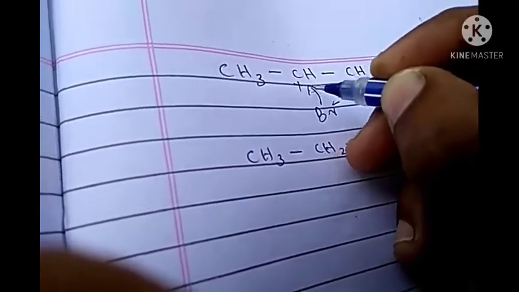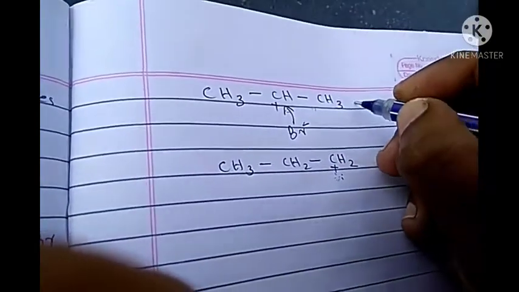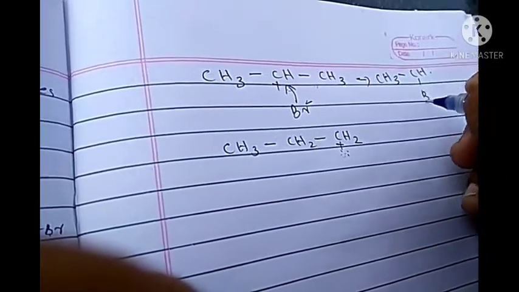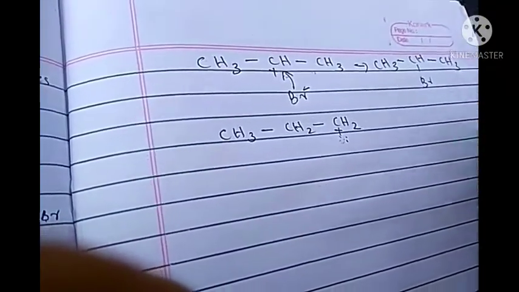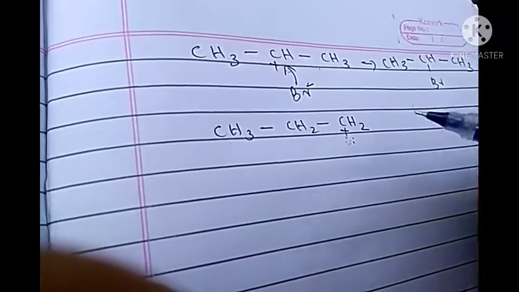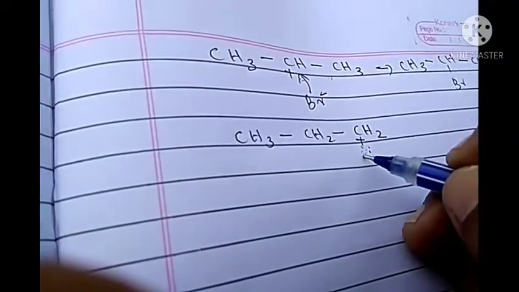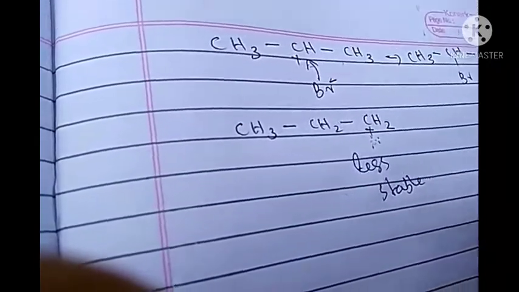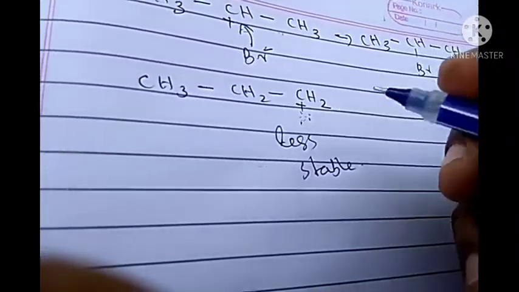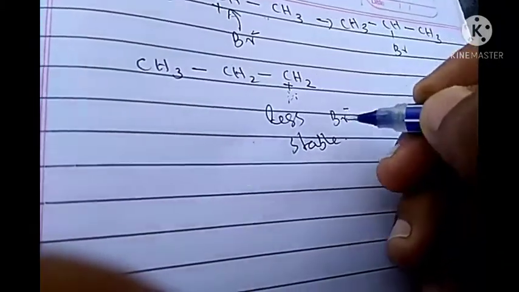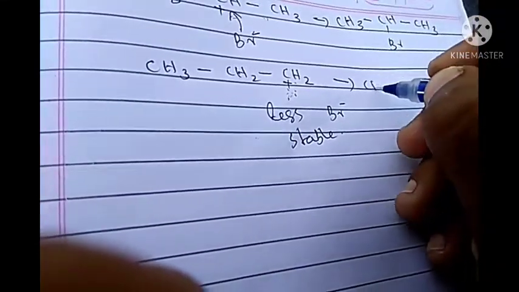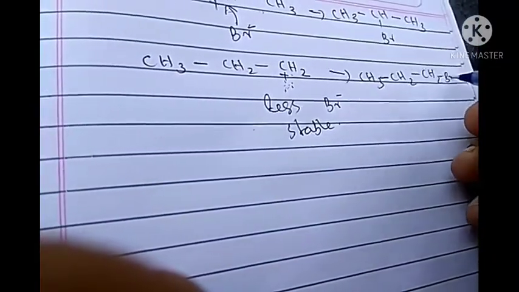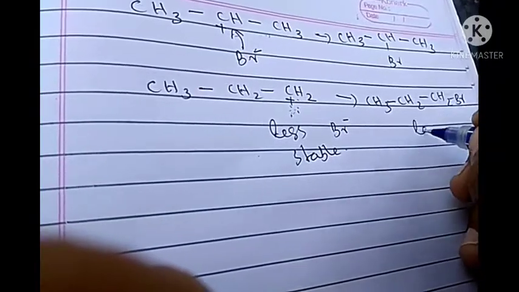It attacks this positively charged carbon, and we get the product CH3, CHBr, CH3. Here, this carbocation is less stable, and as a result it is formed in very small amount. So if Br- attacks this carbocation, the product we get is CH3, CH2, CH2, Br, and that will be in less amount.